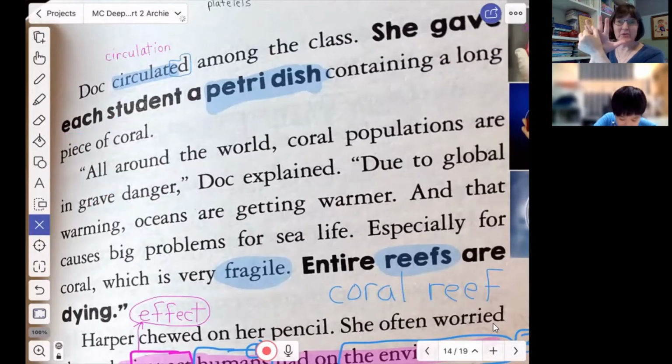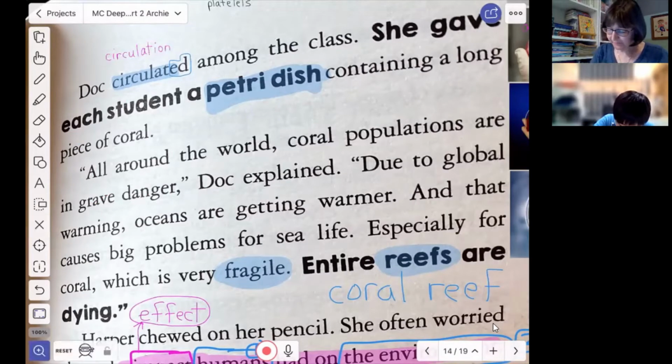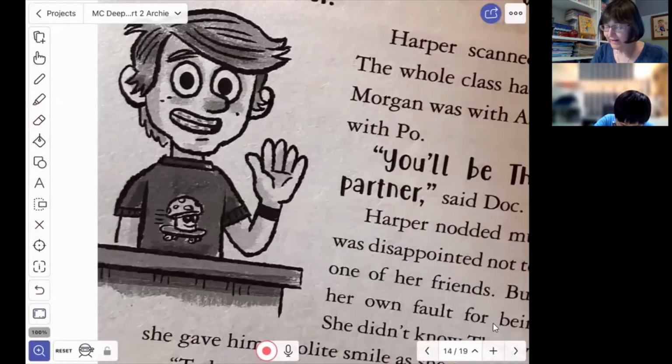So these 2 went together and these 2 went together, and that leaves one person by herself, and that is Harper. And she's by herself because she was late to the science class. And so when she got there, everyone had a partner except for one person, and that is this guy, Theo.